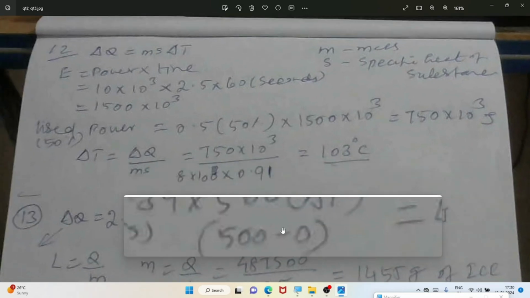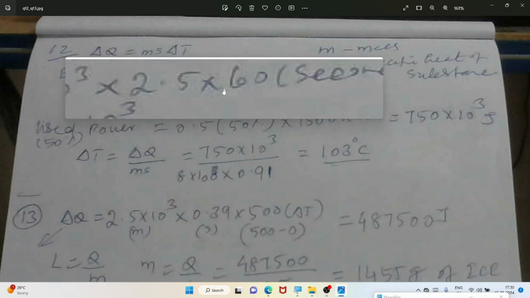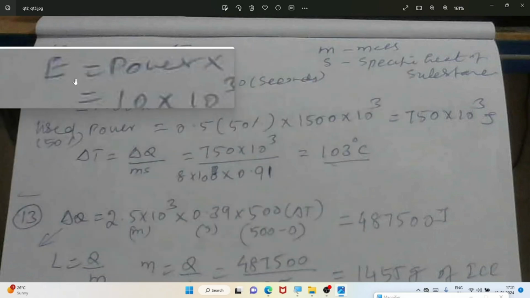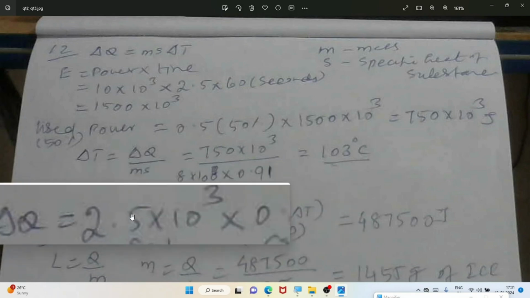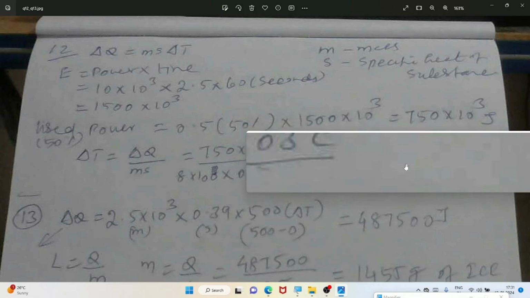Delta Q equal to M, mass, into specific heat capacity, into delta T, equals power into time. Okay, that is the total energy. You are converting 2.5 minutes into seconds. Okay, this much is the power, but only 50% of the power is used. So this is the final used power.